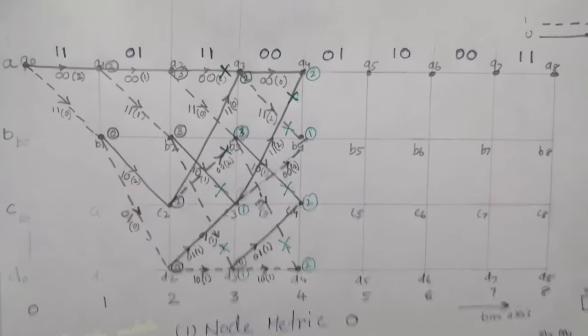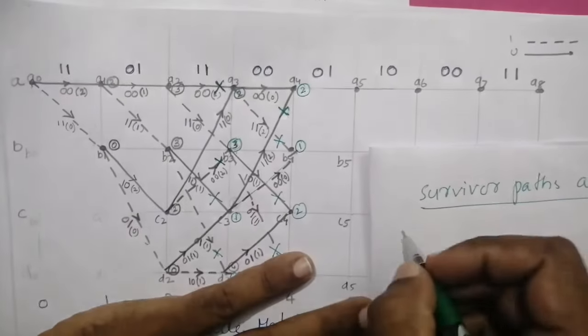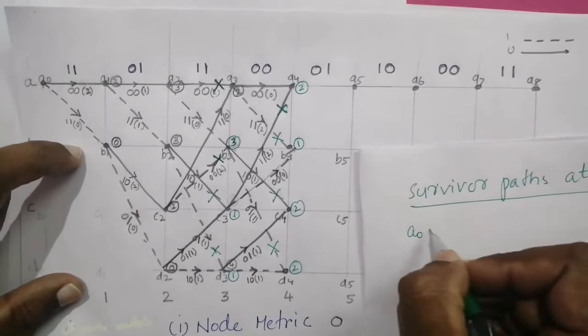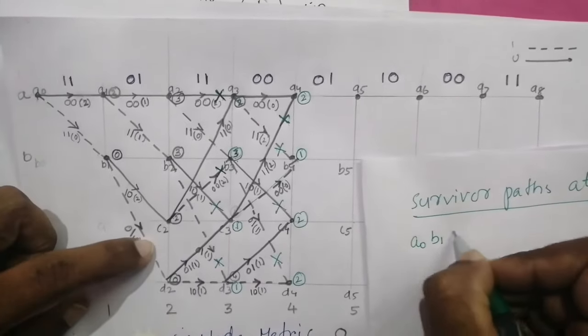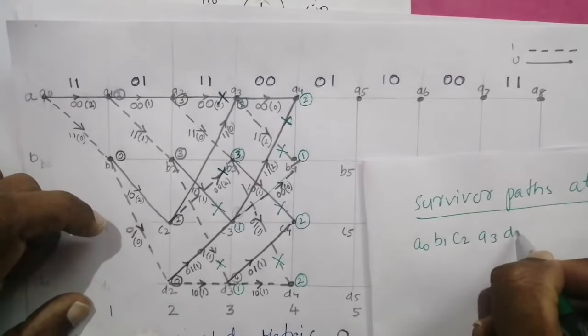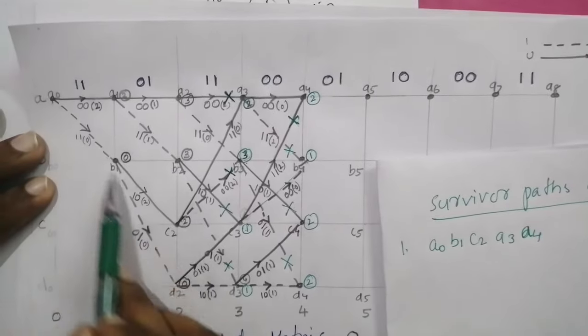Now we will write the survivor path at stage 4. So at A4, what will be the path? That is A0, B1, C2, A3, A4.